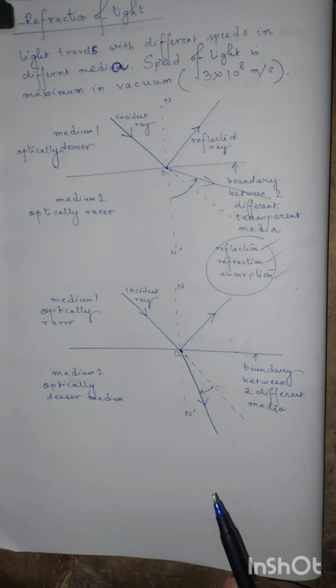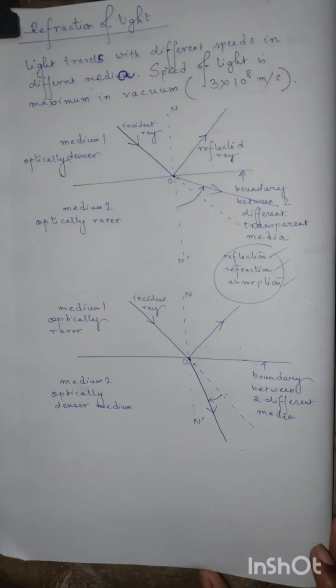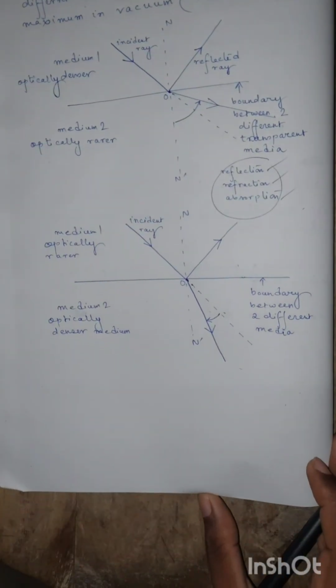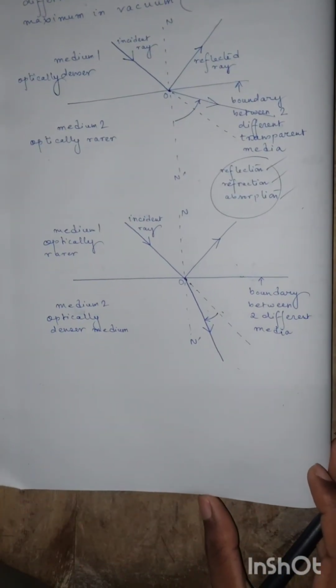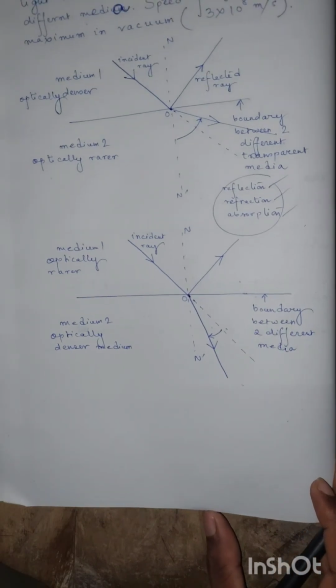So we can see a change of direction. So this change of direction of light when it passes from one medium to another medium is called refraction. Now we can write the definition of refraction.